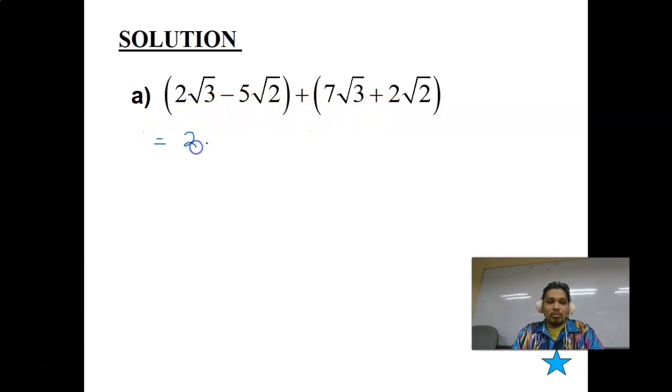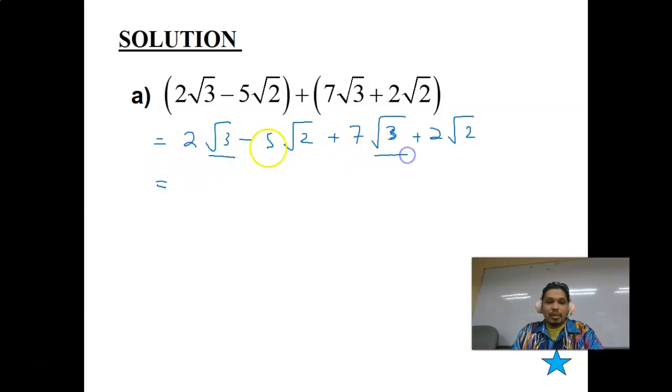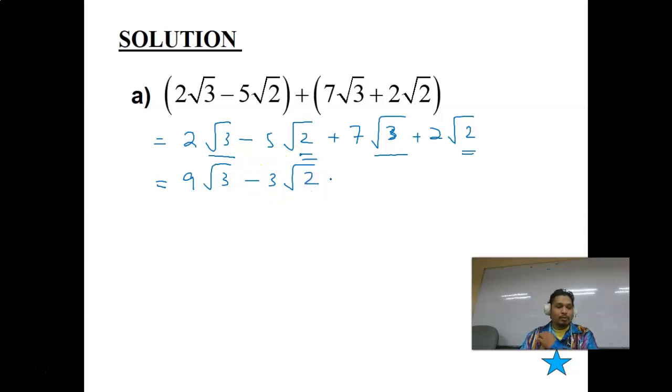So it's 2 square root of 3 minus 5 square root of 2 plus 7 square root of 3 plus positive 2 square root of 2. That's all. Square root of 3 with square root of 3, so 2 plus 7 equals 9 square root of 3, and then square root of 2 with square root of 2: negative 5 plus 2 is minus 3 square root of 2.